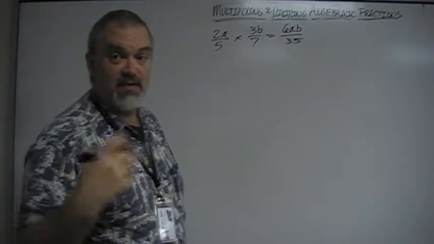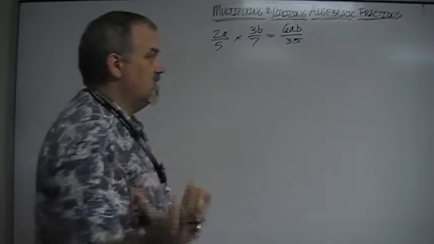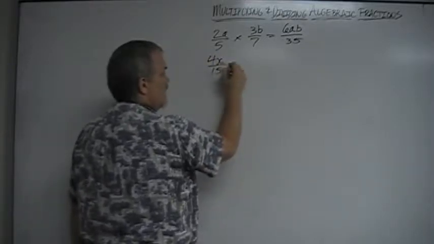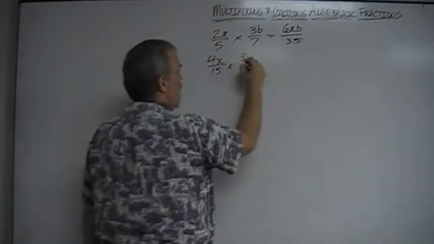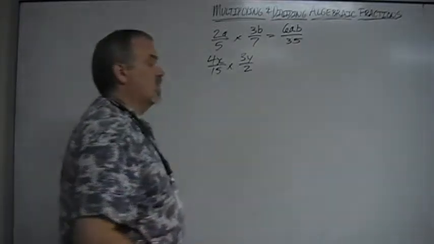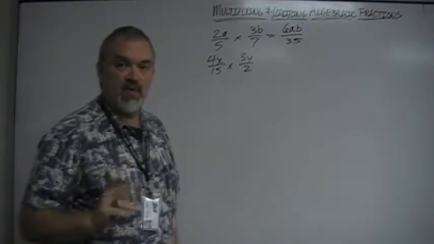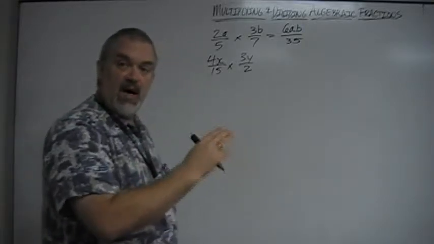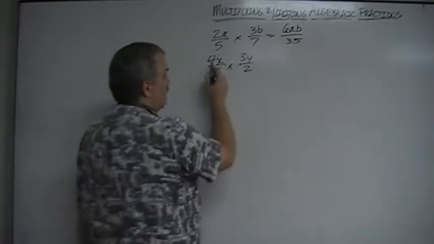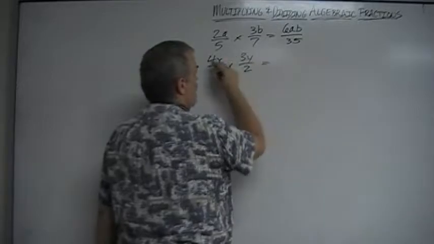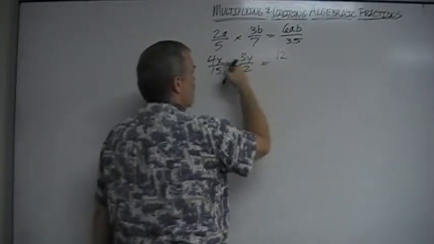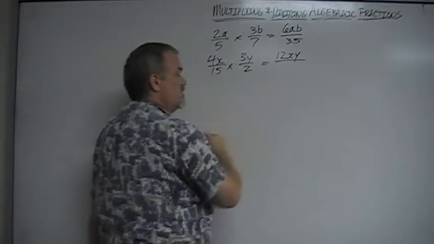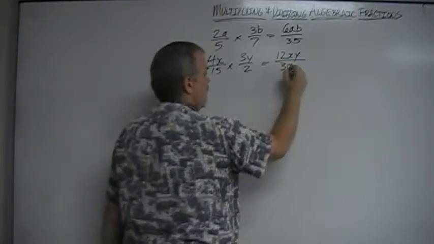Okay? Now, it is important, if it comes up, that you cancel factors. So, let's use this problem. 4x over 15 times 3y over 2. And we're going to do this problem two different ways. The first way is to say top times the top, bottom times the bottom. 4x times 3y, multiply the numbers, collect the letters, gives me 12xy. 15 times 2 is 30.